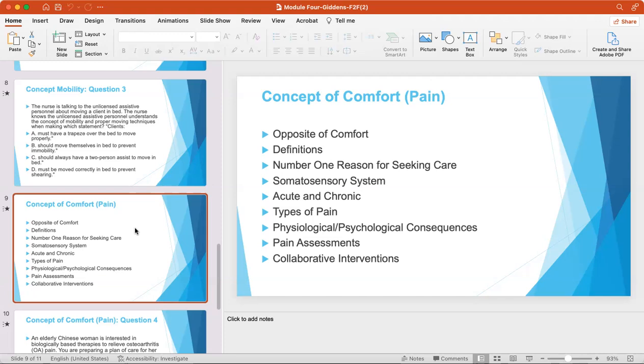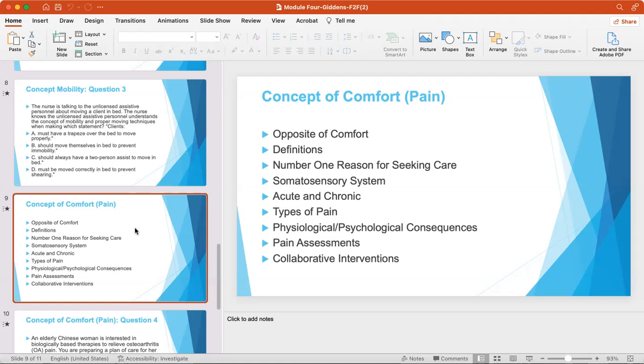The cells of free nerve endings in the skin and peripheral organs are somatosensory receptors as well. For the sensation of pain, they are known as the nociceptors, and these are found in all tissues except the central nervous system.